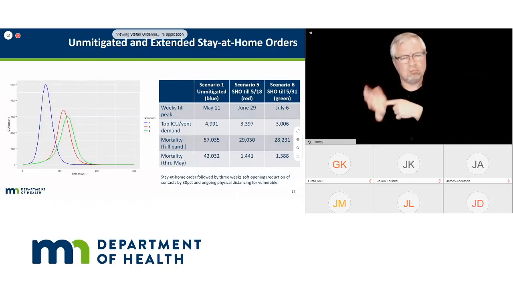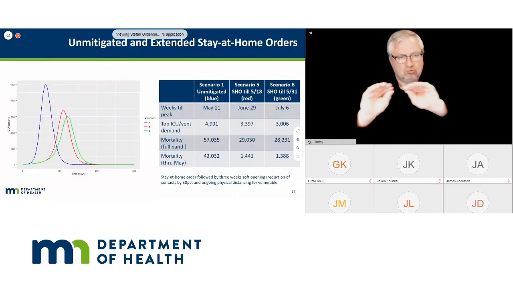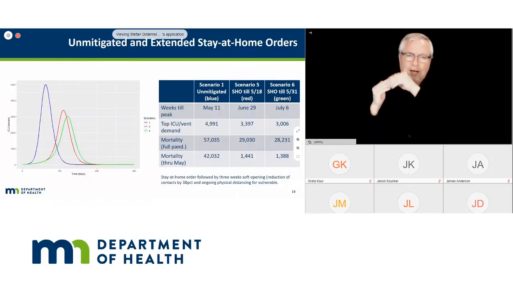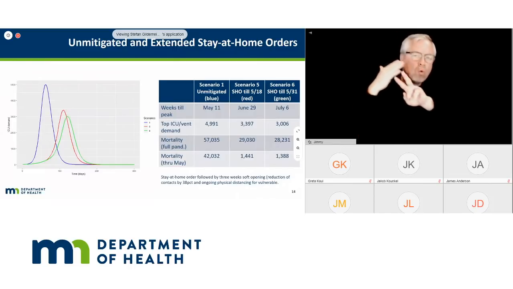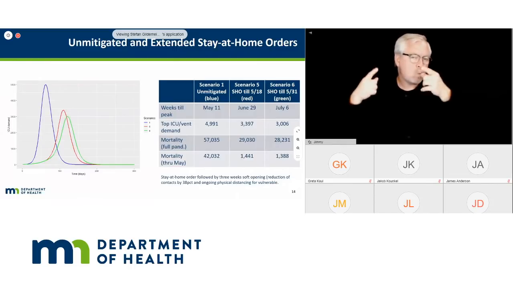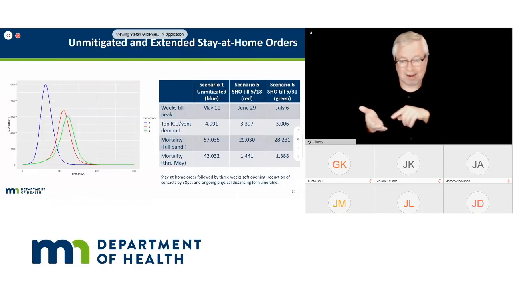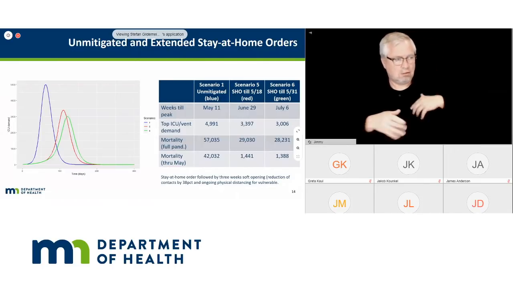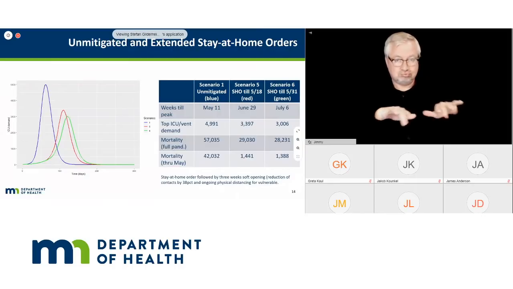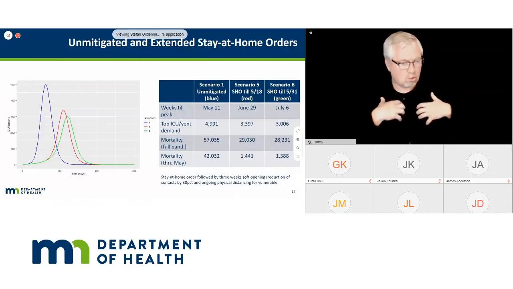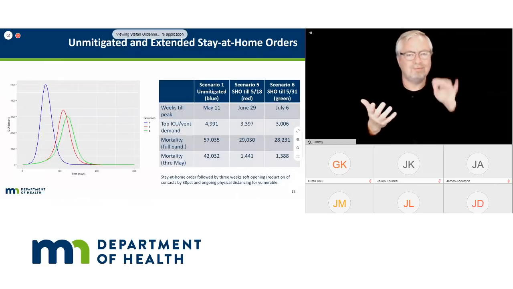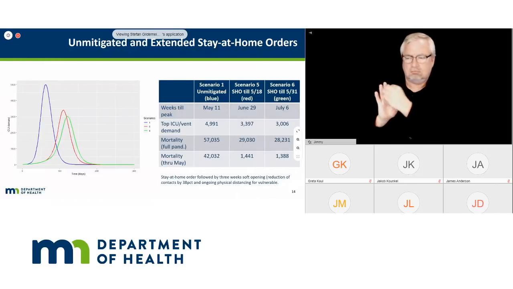The modeling serves really an educational purpose for state leaders and for the general public to tell us about the likely outcome of the disease, given a set of assumptions about disease dynamics, incubation, infection periods, transmission dynamics, etc. So the purpose of this is to educate us collectively and say, here's what could happen under a set of assumptions and a range of interventions by policymakers.